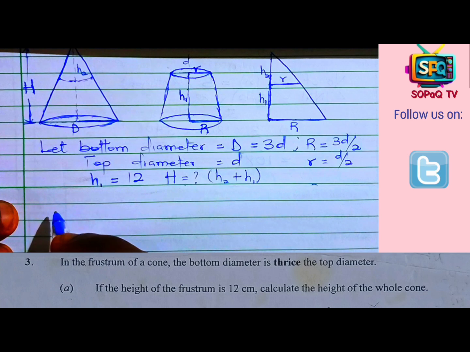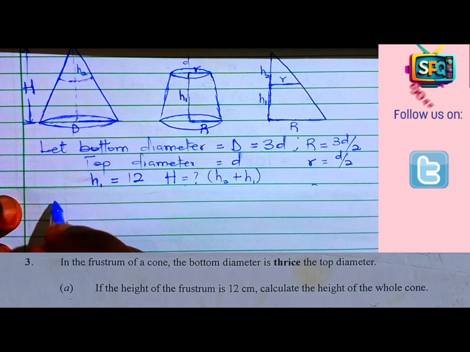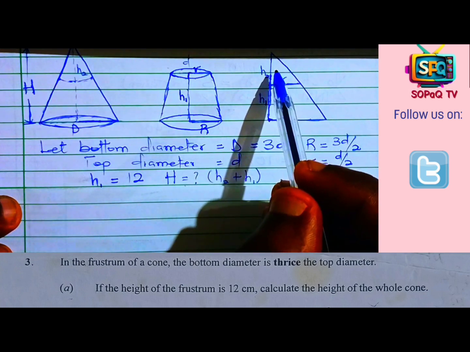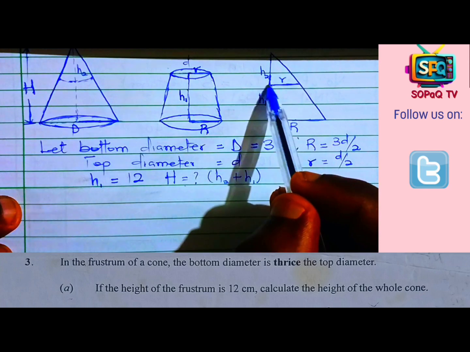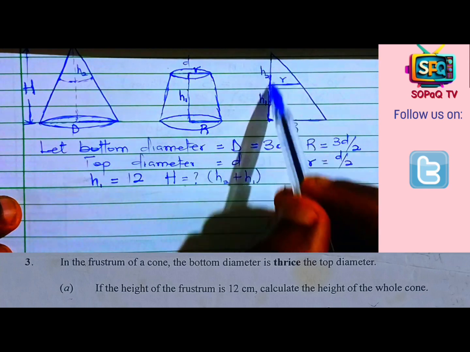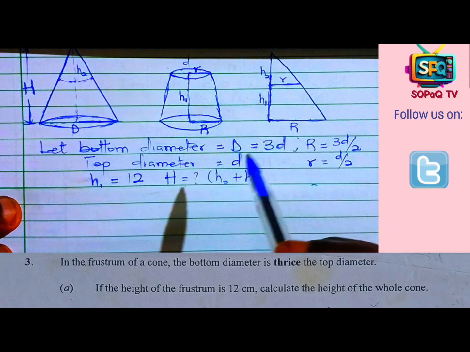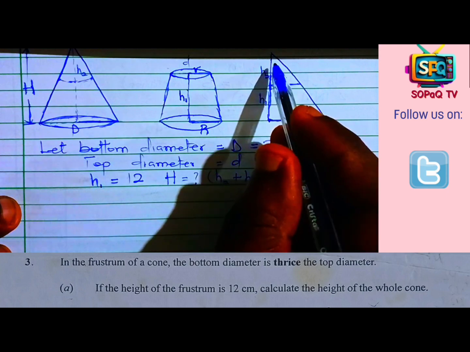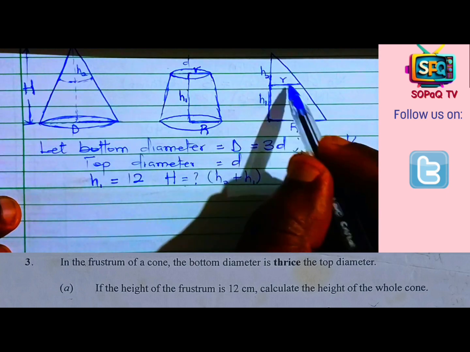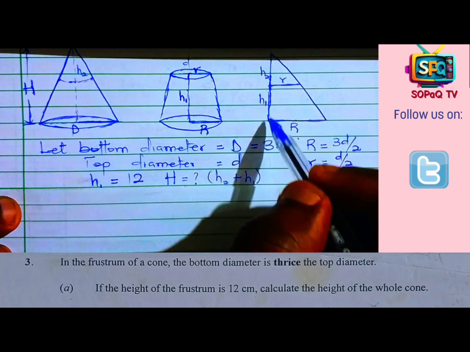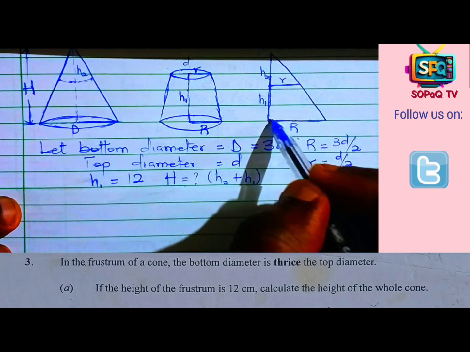And the concept of enlargement and similarities makes us understand that, assuming this triangle is the image of the whole triangle, then having all the sides given, we can compare this side to the whole of this, and this side also to the whole of that.